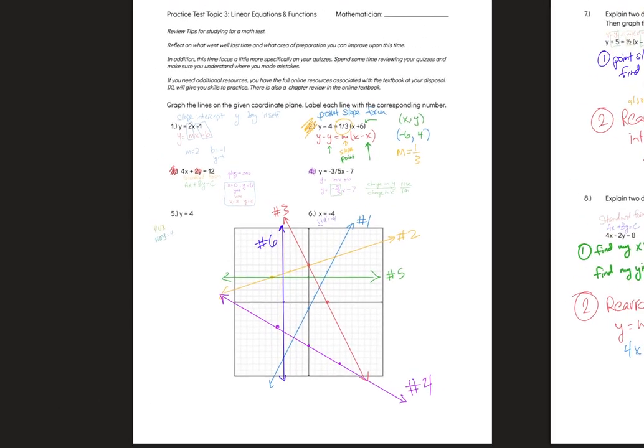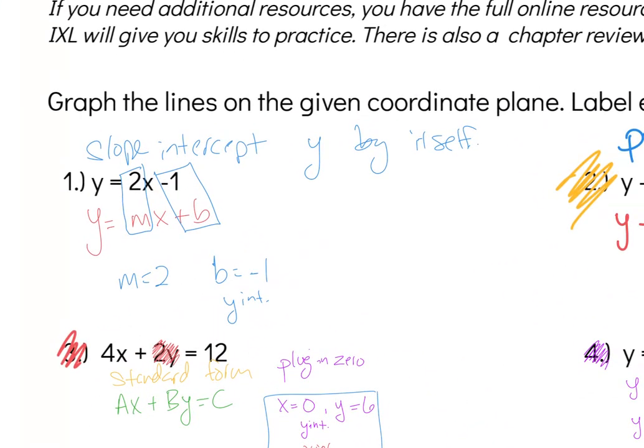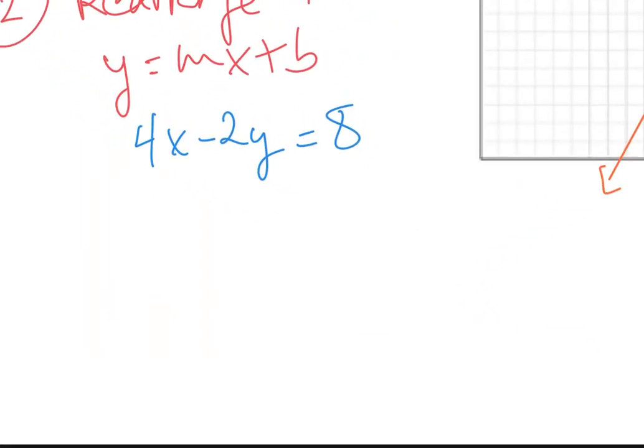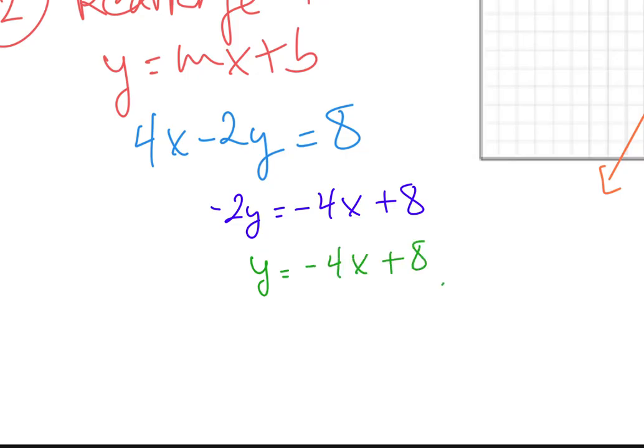Over here, what did I tell you about this? Slope-intercept form is just get y by itself. So let's do that. I'm going to subtract 4x. I'm going to divide by -2. And I'm going to write it out so that you see what I just said.